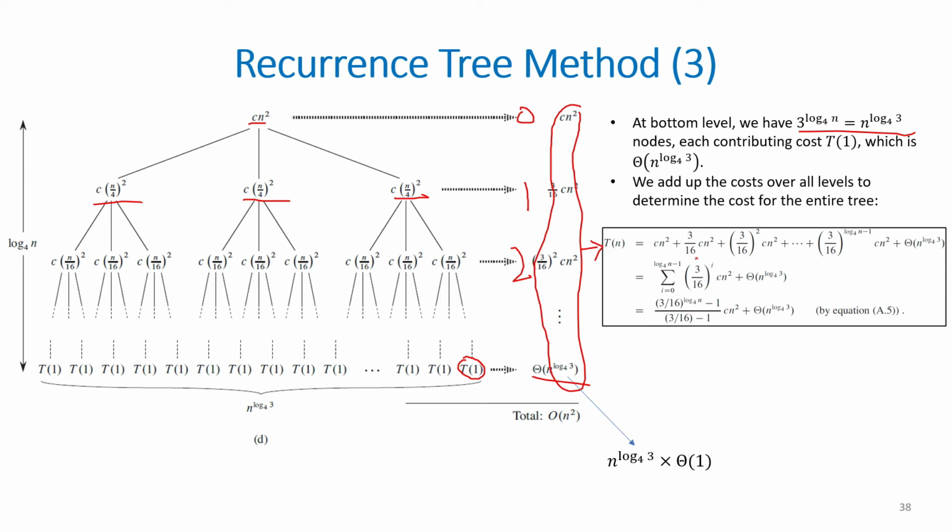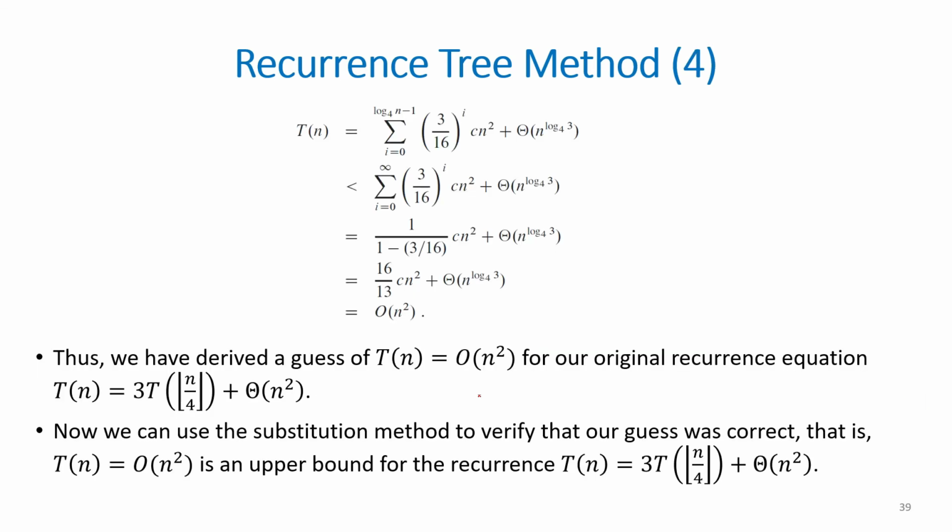This is a familiar equation, and you should know that this is what we call the geometric series. So if you have 1 plus x plus x squared up to x to the n, you can reduce it as such. Solving the equation, we arrive at a simpler equation where we have a term of order n squared and another term with theta of n to the power log base 4 of 3.